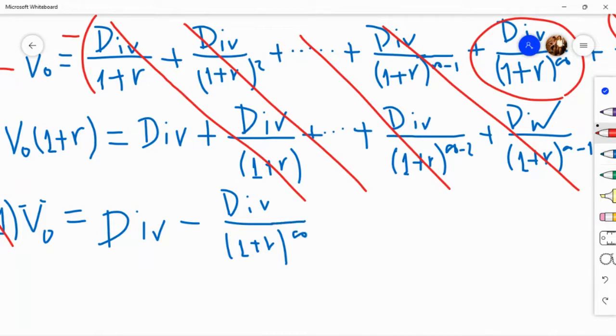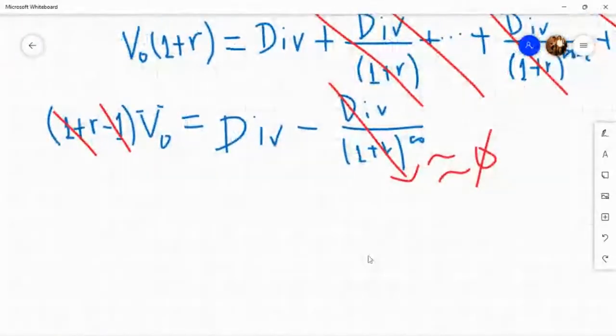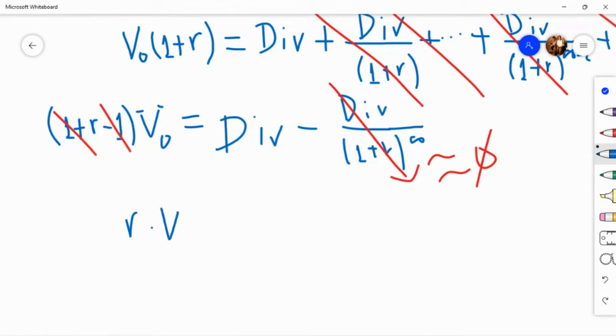But we know this thing is close to 0, right? So it's pointless. So we are finally left with r times v0 equals the dividend.